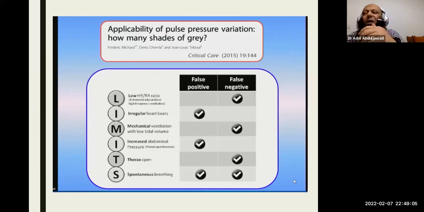One common sign we call McConnell sign, which is the hypocontractile RV sparing the apex, or the 60/60 sign. So this is what we call evidence of RV strain.